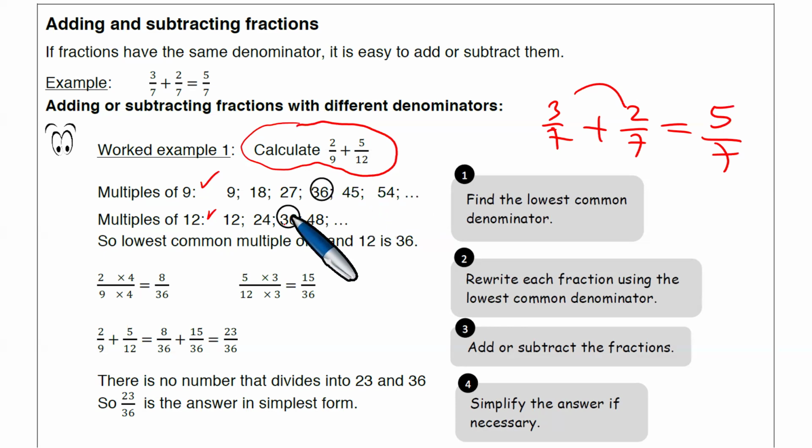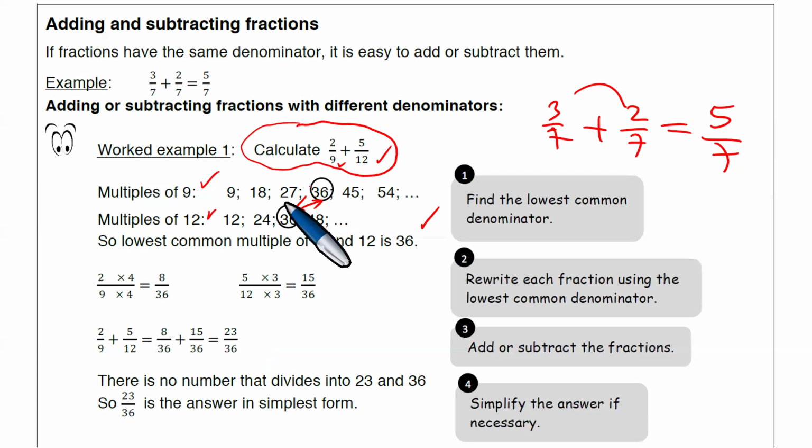The multiples of 9 are 9, you add 9, you get 18, you add 9, you get 27, you add 9, you get 36, and so on. The multiples of 12: 12, you add 12, you get 24, you add 12, you get 36, you add 12, you get 48. So the lowest common multiple of 9 and 12 is 36.